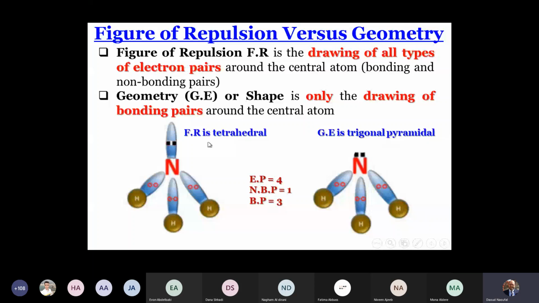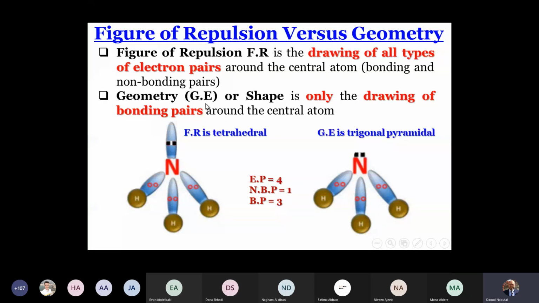We have a difference between the figure of repulsion and the geometry for the same molecule. In one case, the figure of repulsion equals the geometry, if we don't have a non-bonding pair in the structure. So the geometry, I noted GE. The figure of repulsion, I noted FR.